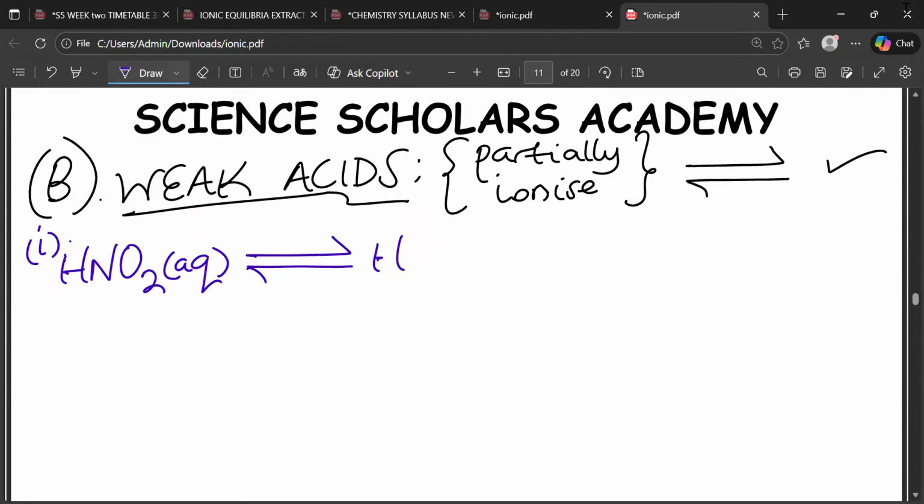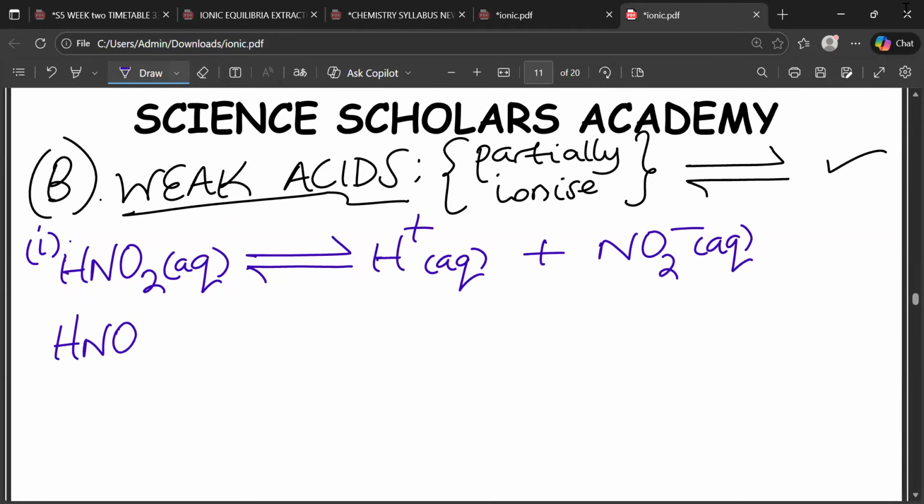You get your H plus aqueous and the nitrite. This time round they are called nitrite ions like that, aqueous. That is Arrhenius.